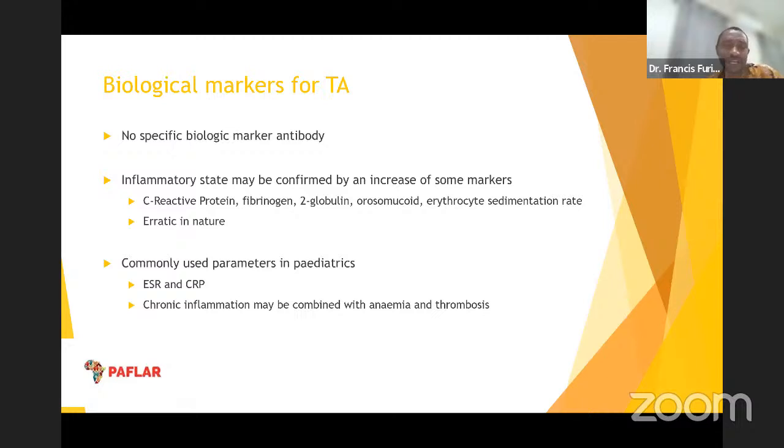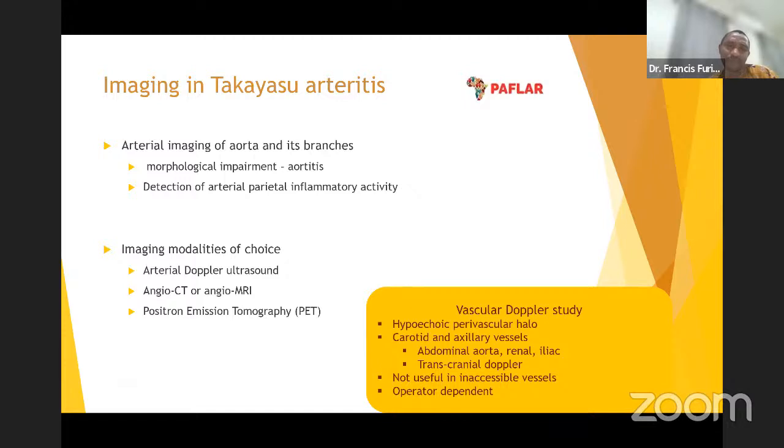So there are reports that you could have an active disease, but the markers will not be elevated. And of course, the other commonly used markers in pediatrics for diagnosing this condition are ESR and CRP. Of course, it goes without saying that sometimes you might have anemia and thrombosis in these children when they are presenting to us.